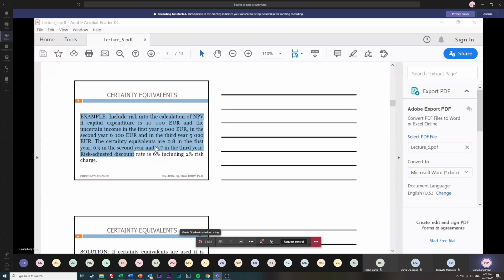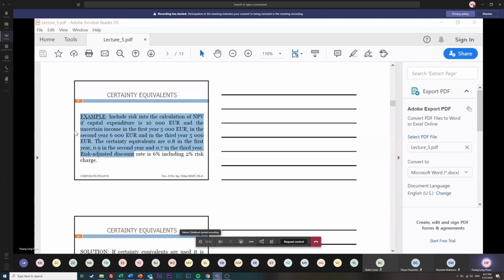So when we are talking about project risk, the first exercise should be covered, right? It should be an easy one. To calculate certainty equivalent, you can use NPV, and for NPV you have this formula here.